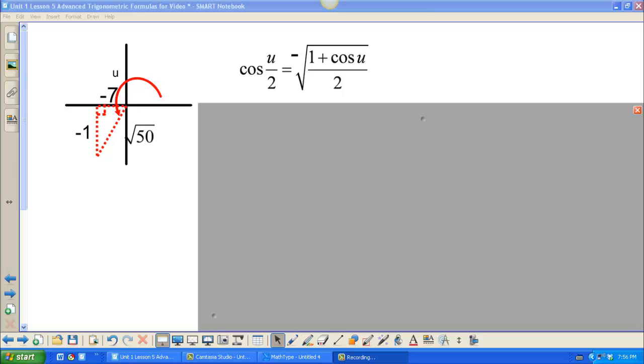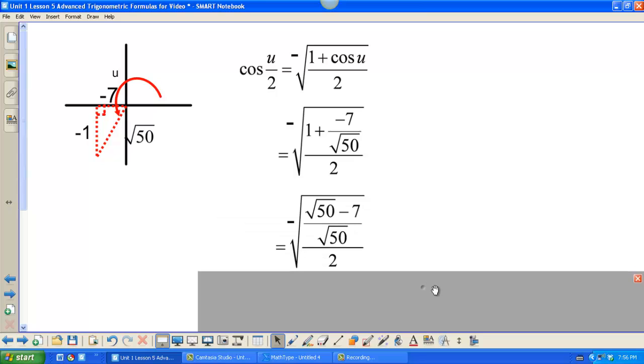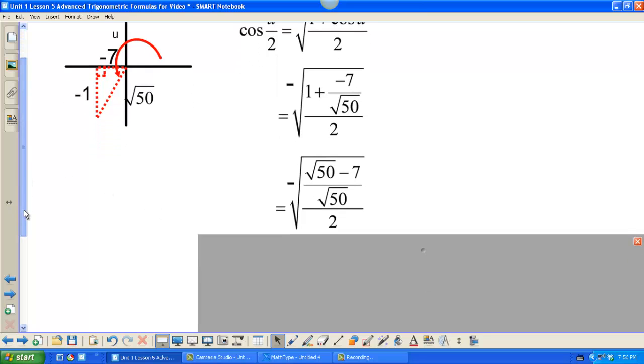All right, let's continue with the cosine of the half angle. Again, we're going to use a negative sign on the outside of the radical because the half angle is located in the second quadrant, where cosine is negative. So the formula is the square root of 1 plus cosine u over 2. Again, the cosine, as in the previous problem, is adjacent over hypotenuse, which is negative 7 over root 50. I did not write in all of the work this time, but I got a common denominator of root 50, so that the numerator would be root 50 minus 7 over root 50.